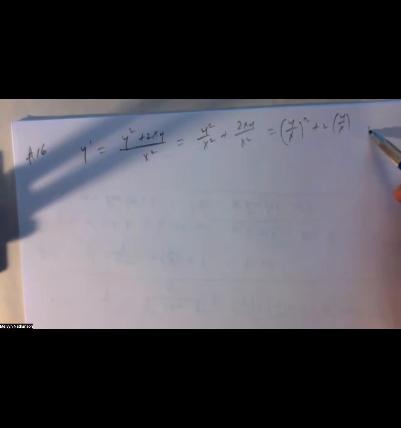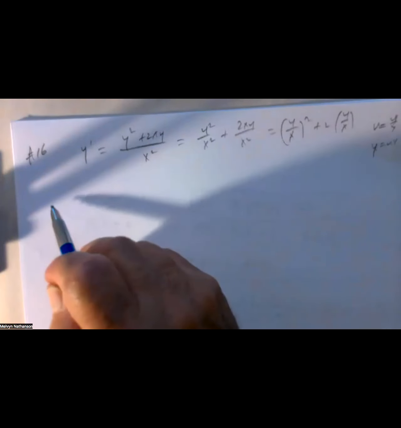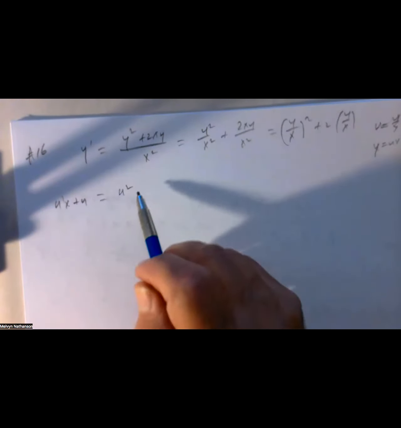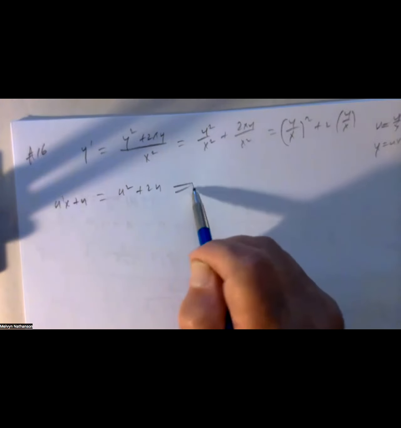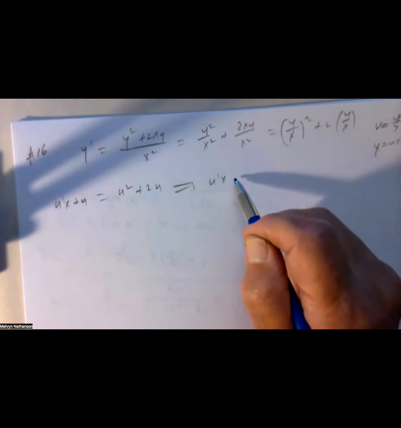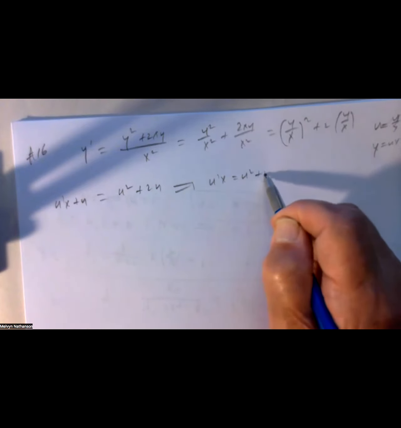So again, we let u equal y over x, or y equals ux. So y prime is u prime x plus u equals u squared plus 2u. So you subtract u from both sides, u prime x equals u squared plus u.